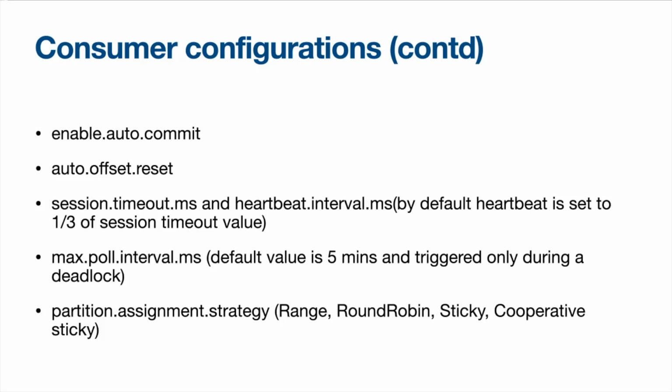Next is auto offset reset. There are three options for auto offset reset: earliest, latest, and none. If you set auto offset reset to earliest, and you have lost your commits or your Kafka consumer application crashes, then Kafka will start reading from the earliest available message that is present.